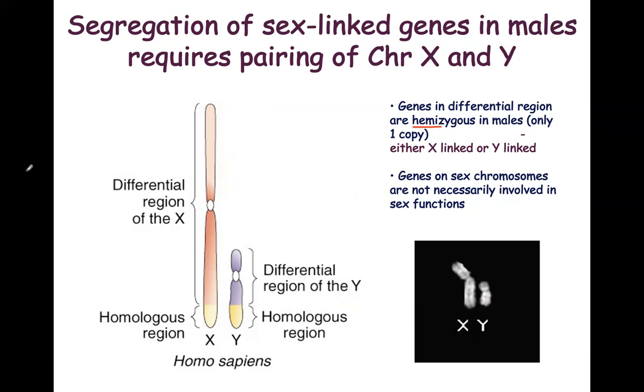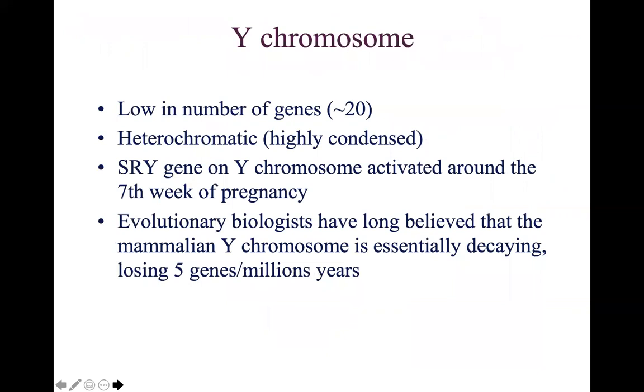So males are hemizygous with regard to genes on the X and the Y chromosomes. Females can be heterozygous or homozygous with regard to genes on the X chromosome. We've gone through this already, so I'm going to skip this. The Y chromosome, we're still studying it. Not a lot of genes there from what we can tell.